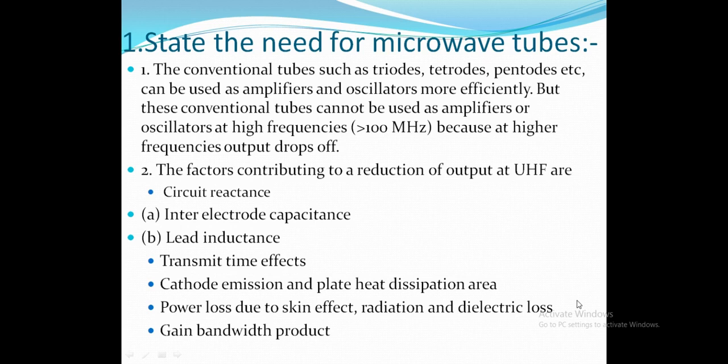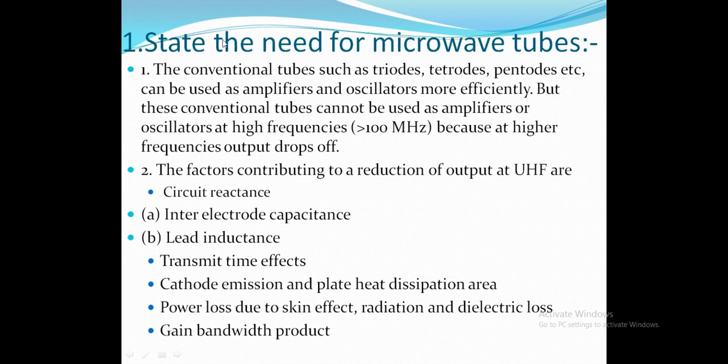Okay. So, first of all, the microwave frequency range starts from 300 megahertz, that is 0.3 gigahertz, but the spectrum space between 0 to 30 megahertz is absolutely full. That's why the frequency range greater than 1 gigahertz is called the microwave frequency range.